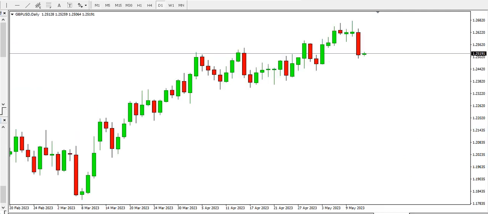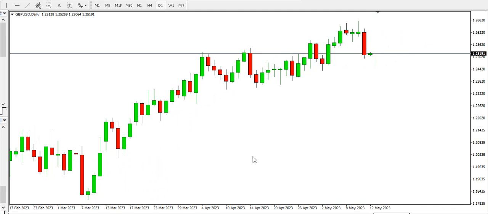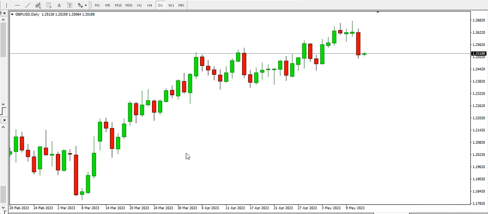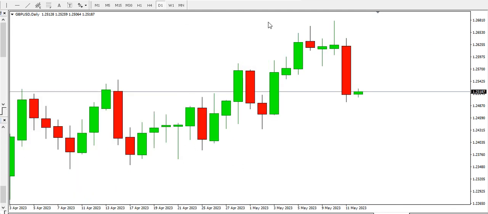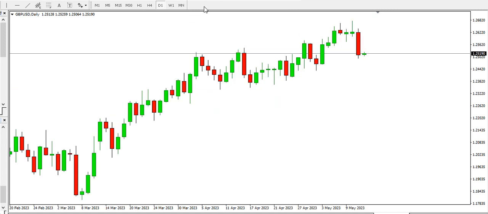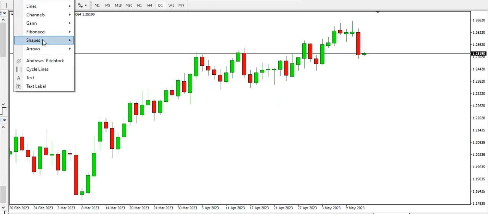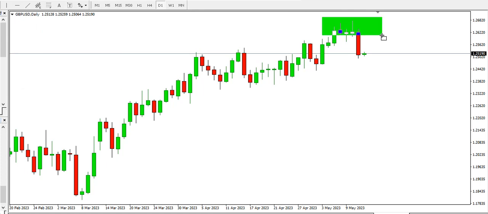Let's look at GBPUSD. This GBPUSD cable on the daily time frame shows the power of the bulls. Look at this long candle. Okay, we might be having a swing high. This particular point might be our point of swing high.